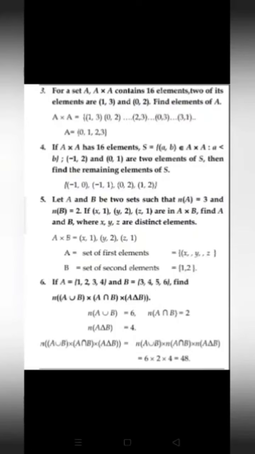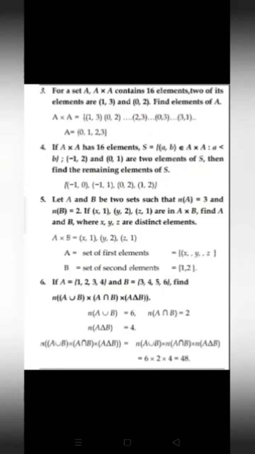Our second elements in an ordered pair always belong to the second set. So here x, y, z are elements of the set A, and here 1, 2, 1: in a set, elements are not repeated. So you put 1, 2 as the elements of set B. Okay, do you understand, students?